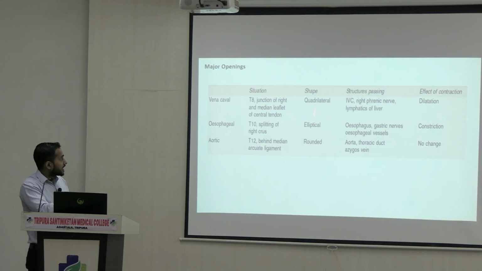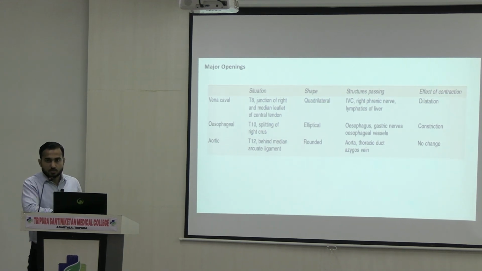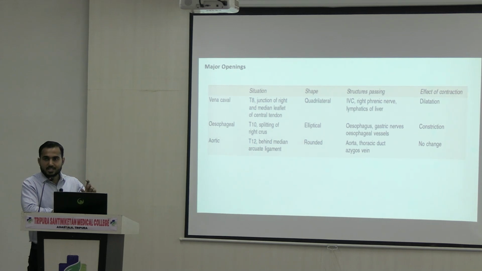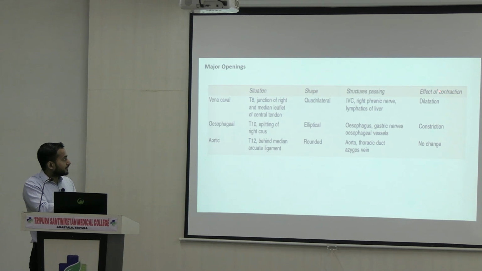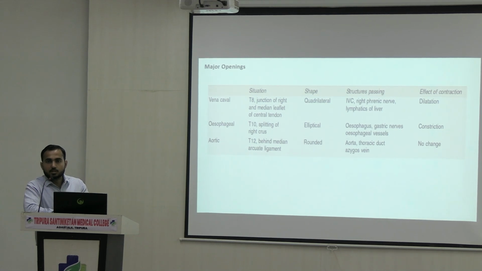Now here you can see the shape of the opening. In case of vena cava it is quadrilateral, in case of esophagus it is elliptical, and in case of aortic it is rounded in shape. These are the different shapes of the major openings. Next, structures passing we have already discussed. Now the effect of the contraction. When the diaphragm contracts, what will be the effect on the opening?